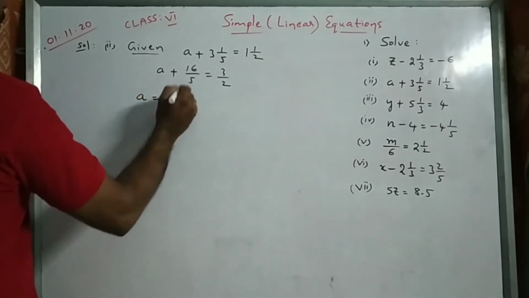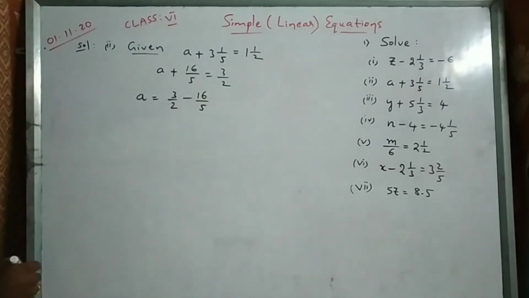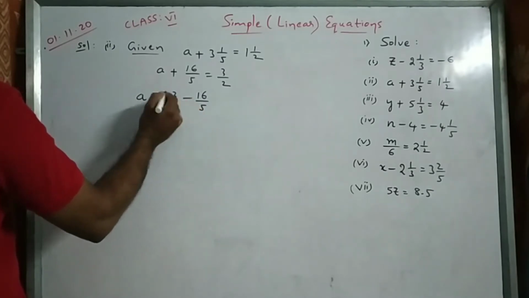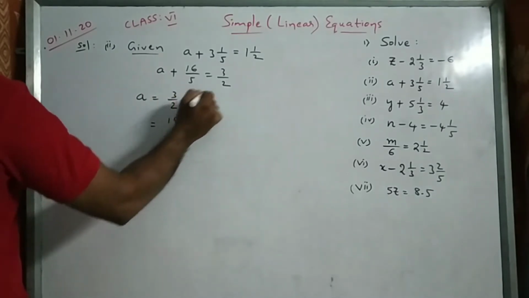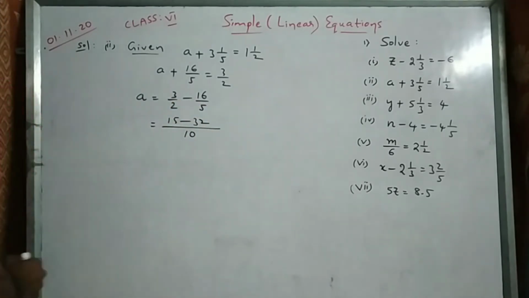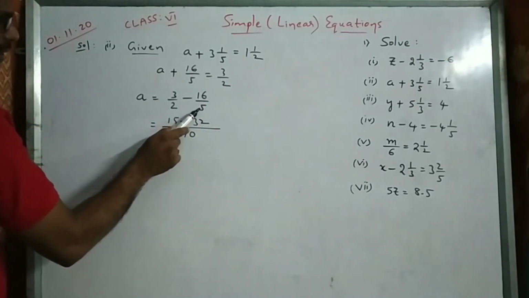So 3 by 2 plus 16 by 5, shift that side, minus 16 by 5. Cross multiply. 5 3s are 15, 16 2s are 32 upon 5 2s are 10. Just as I told you, a plus term, if I shift it that side, becomes a minus term.